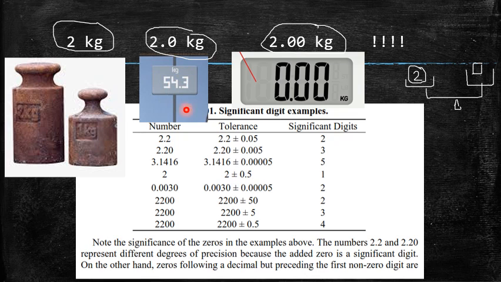If we used another scale like this one, and it gives us 2.0. In this case, it's 2 kilogram, but here we are sure it's not 2.1, it's not 2.2, it's not 1.9.